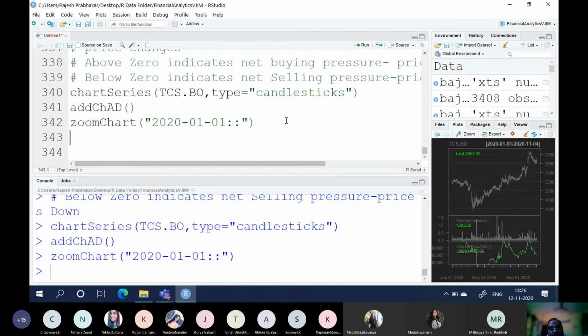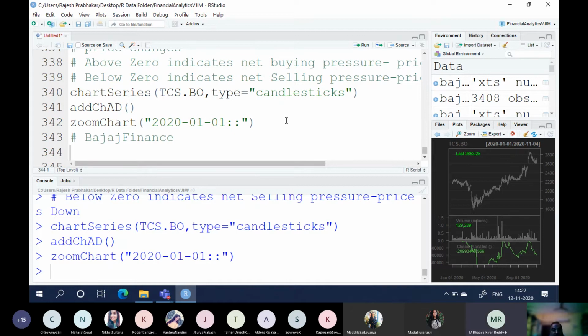All right. See, what is the condition in Bajaj Finance? Tell me, what is the situation in Bajaj Finance? Buying pressure, sir.